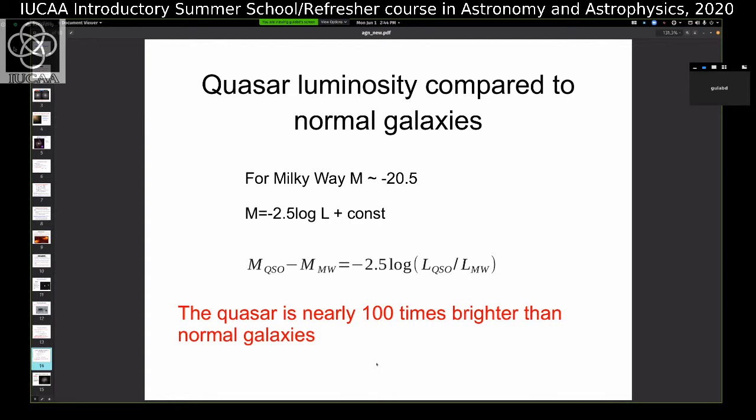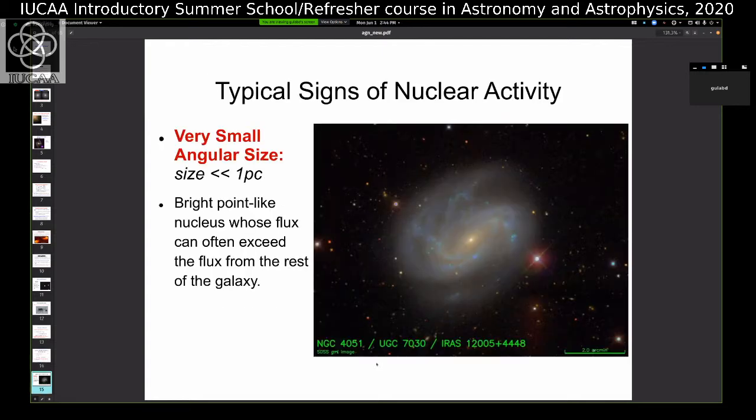It turns out that this quasar is nearly 100 times brighter than a normal galaxy like our own Milky Way galaxy. So this is a huge amount of power arising from a point-like source, 100 times brighter than the power output from all the stars of a normal galaxy like our own. So this is a huge amount of power.